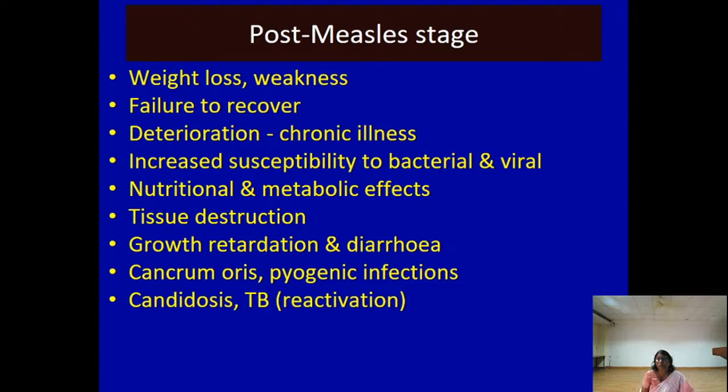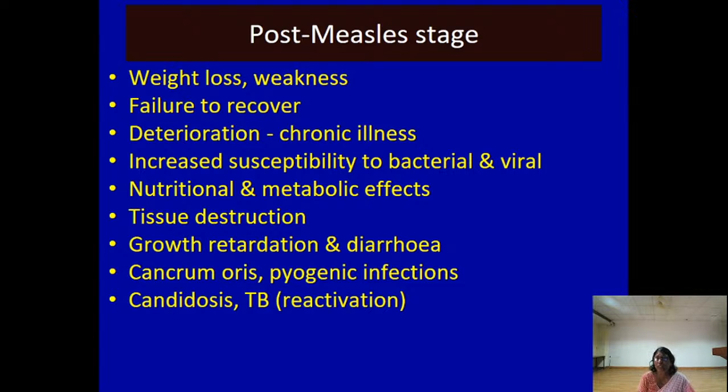Then there may be deterioration because of chronic illness. Because the child lost weight and became weak, they are more susceptible to viral and bacterial disease. Then there are also nutritional and metabolic effects because of the disease.